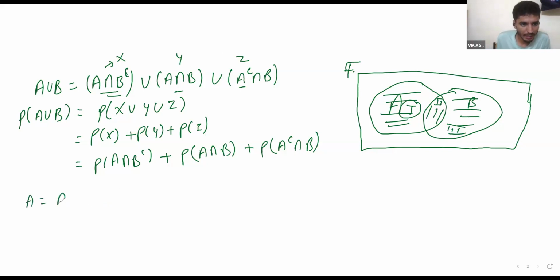A is simply A intersection B union A intersection B complement. This is fine, so here I can apply the probability. Anybody have any doubt?